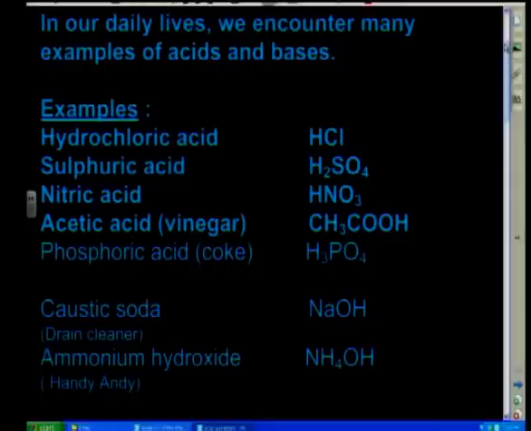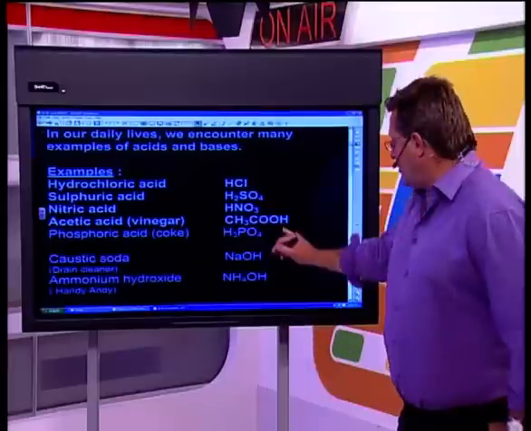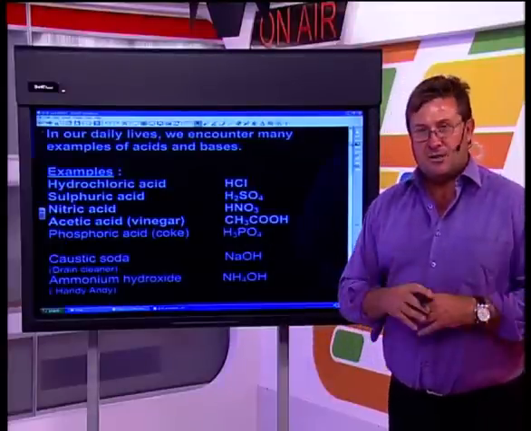Hydrochloric acid, HCl. Sulfuric acid, H2SO4. Nitric acid, HNO3. Acetic acid, a bit of a complicated structure, CH3COOH. And phosphoric acid, H3PO4. Okay? Compare that to our bases over here, which are NaOH and NH4OH, sodium hydroxide and ammonium hydroxide.